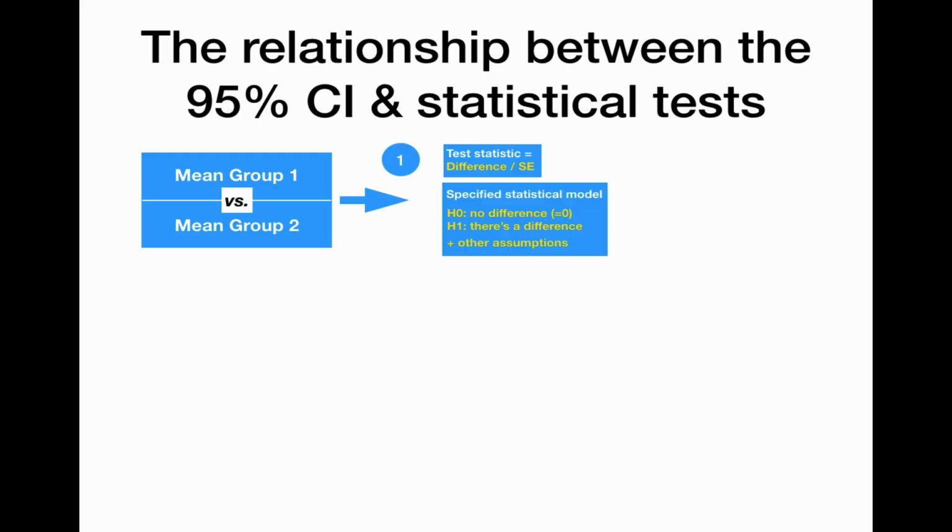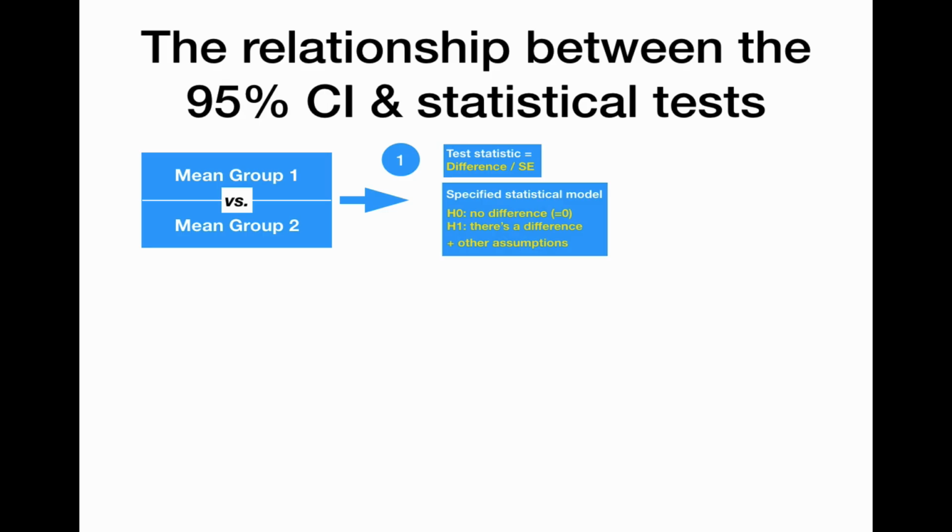We are going to calculate a test statistic with the general formula difference in means divided by its standard error. And we do that under a specified statistical model where we are going to assume the null hypothesis of no difference. And the alternative hypothesis is that there is a difference.